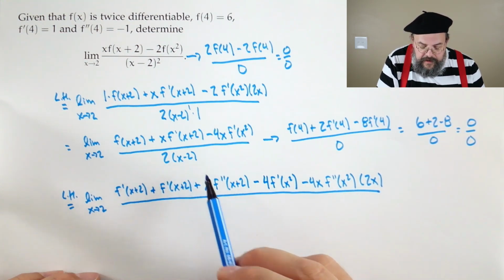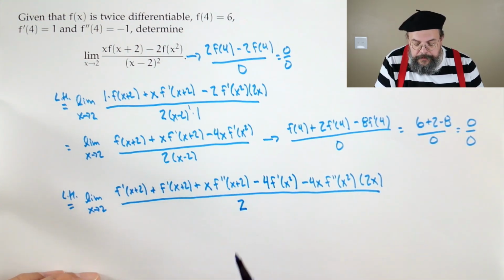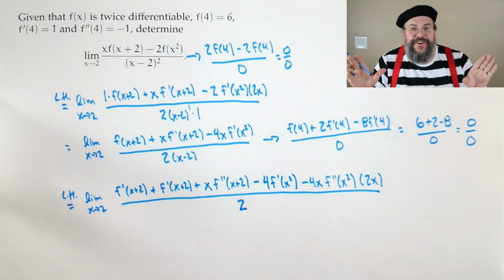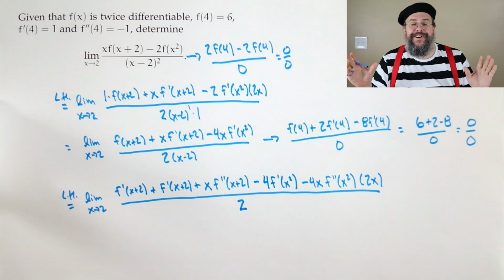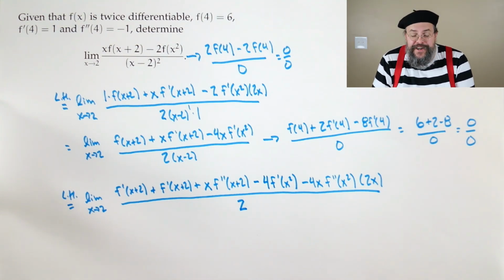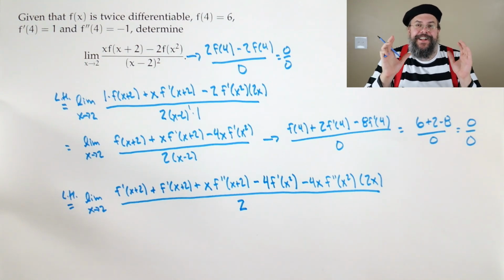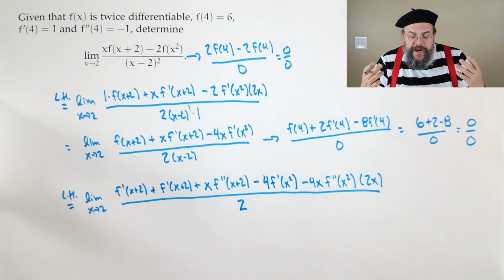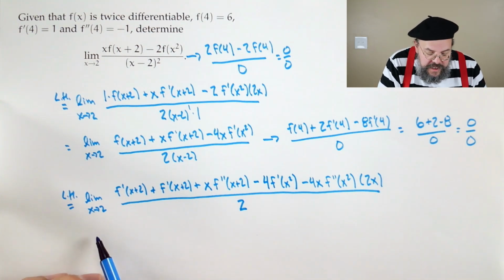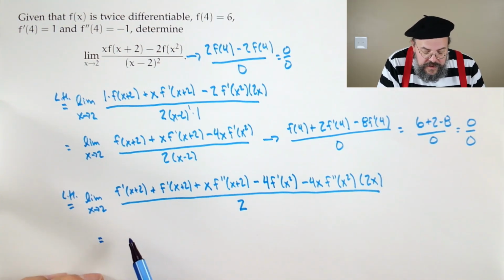Derivative of 2 times x minus 2 will be 2. Good. And now we know it's over. We don't have to do any more L'Hopital because we can spot automatically the denominator isn't 0. So, woohoo! It just really means that from now, we just got to plug in and see what happens. So we know we're going to get an answer because we have something all over 2.